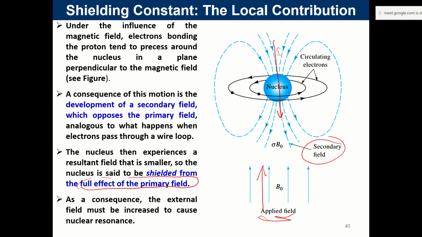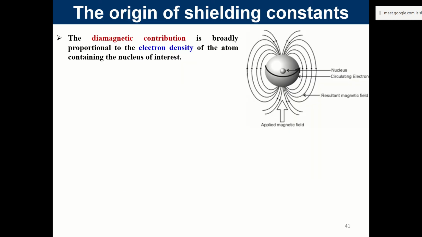Towards the 0 side, the lower side, a low value of chemical shift, you have a high field region, and when you move to the other side you have a large value of chemical shift. That means you are moving to a low field.